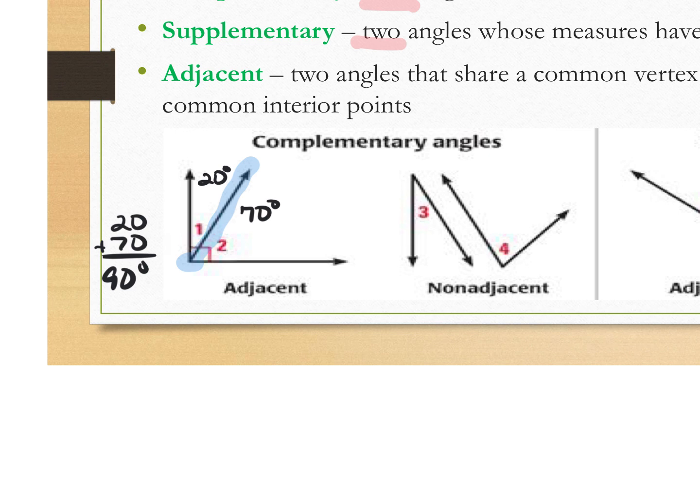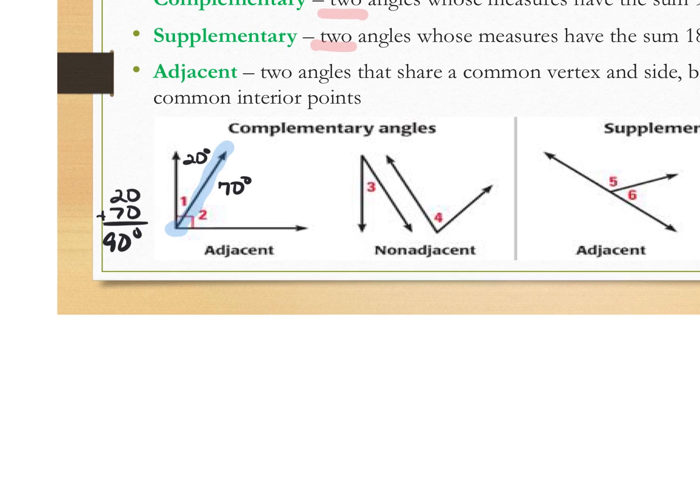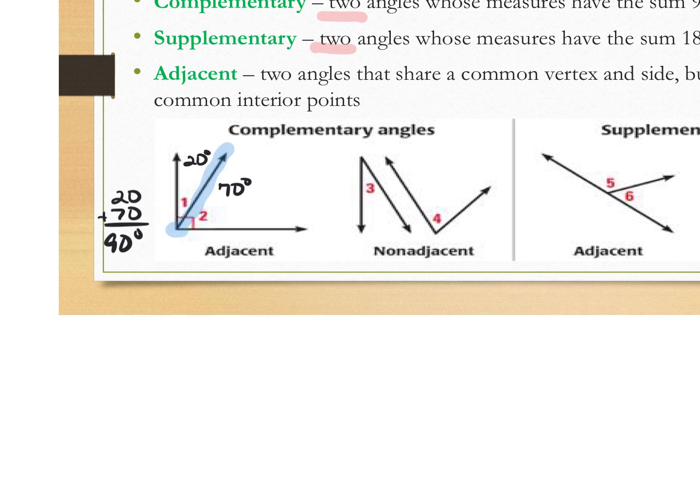Now, what I found in the past is sometimes students forget or they get them mixed up. So maybe a little way to help you remember the difference between complementary and supplementary. If you think about the word complementary, what I like to do is think of this C. If I put a line straight down, this sort of looks like I just made the first two letters a 90.